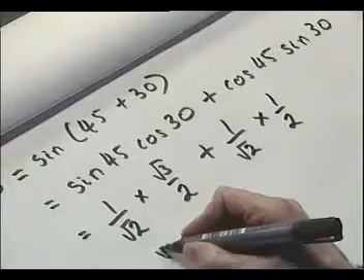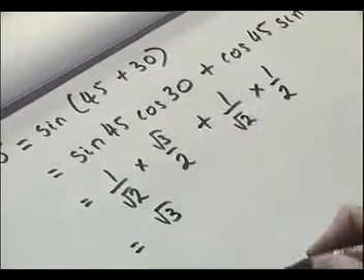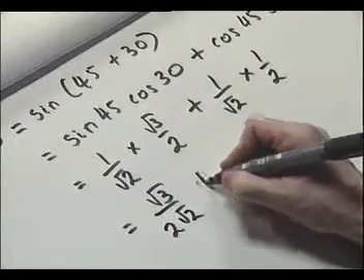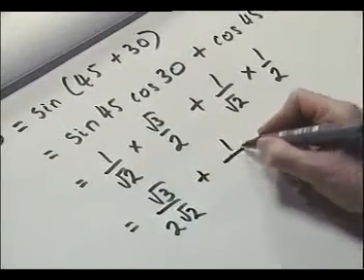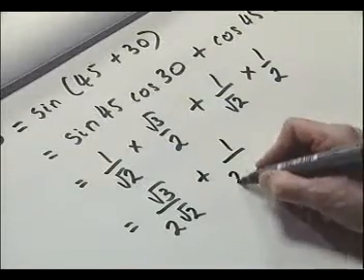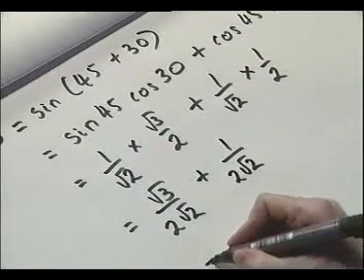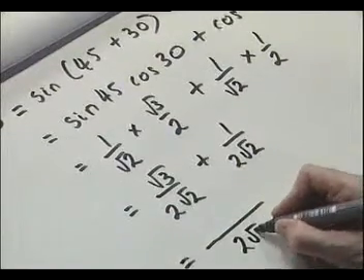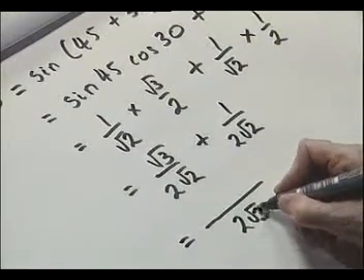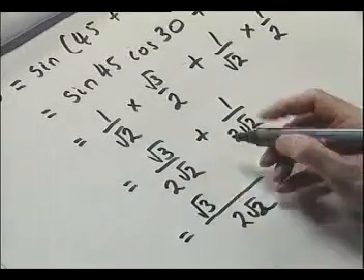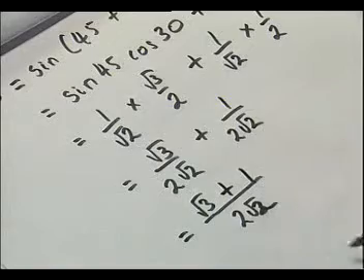So we have root 3, that's 1 times root 3, over 2 root 2, plus 1 over, and again 2 times root 2 is 2 root 2. We've got the same denominator, so 2 root 2, and on the top root 3 plus 1.